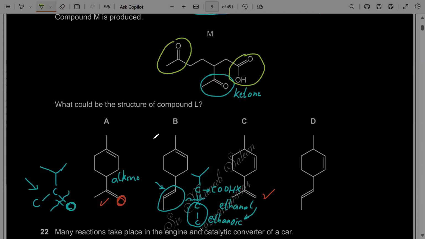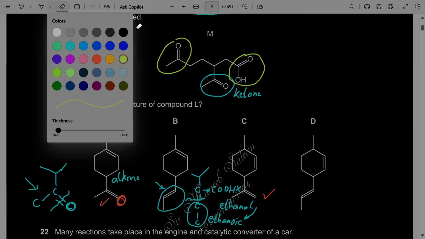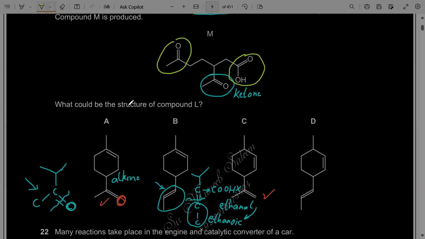So we have to consider which group can produce these two functional groups. If I look closely, we have two different combinations. These two are the same and these two are the same. Just looking at one part at one time, I will consider the left side. If it is cleaved from here, I will get the ketone on this side.